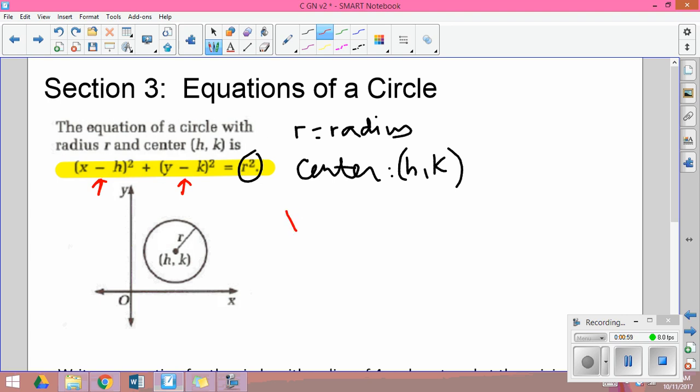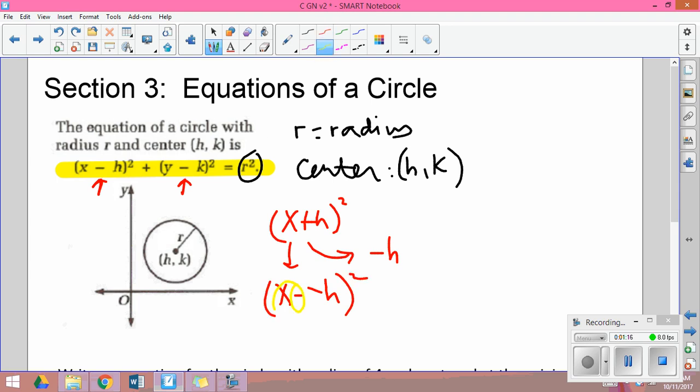So if it happens to be (x + h) squared, then what's going to come out is negative h and whatever k is, because you'll want to think about this as x minus a negative h, so that you put it in the exact same format of our equation. And you'll see those with the examples.